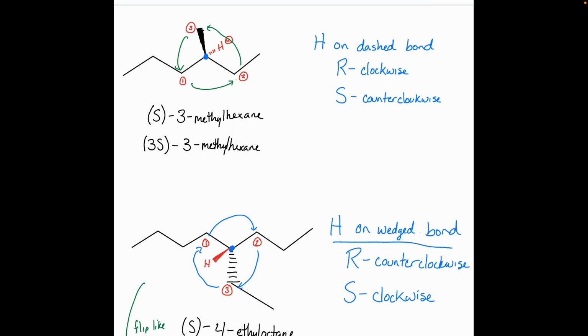But if hydrogen is on a wedged bond, now it's pointed out, we can just reverse our rules in order to assign our stereochemistry easier. All right, so R is now counterclockwise and S is clockwise. All right, so let's do one more example real quick.